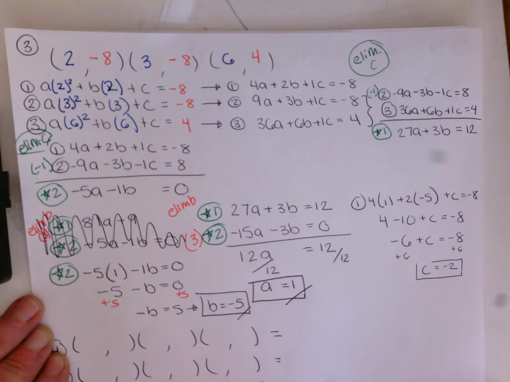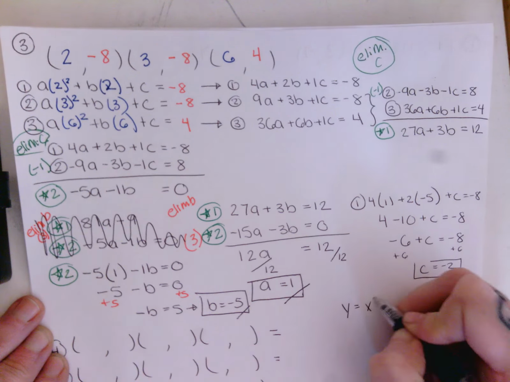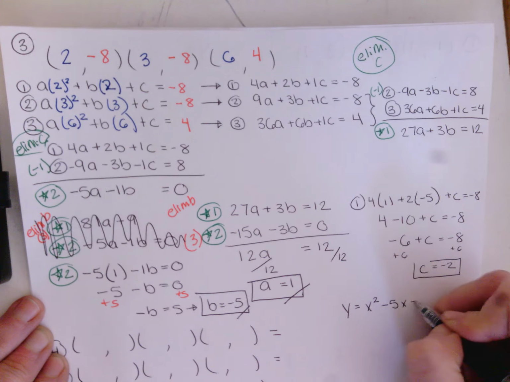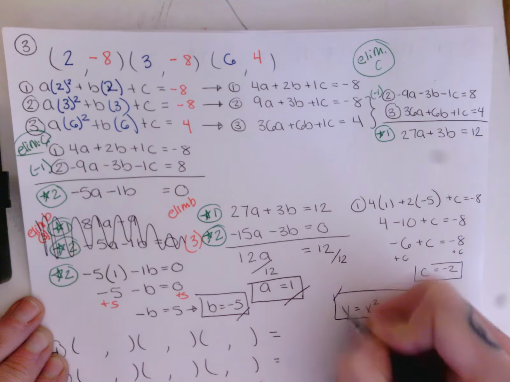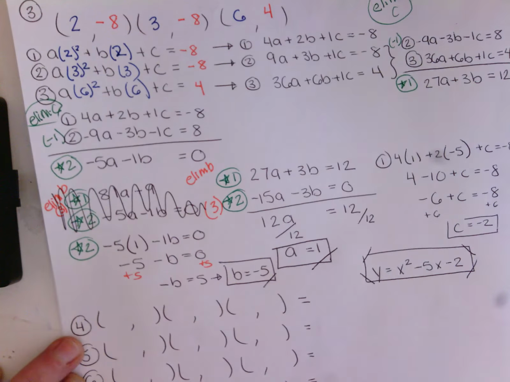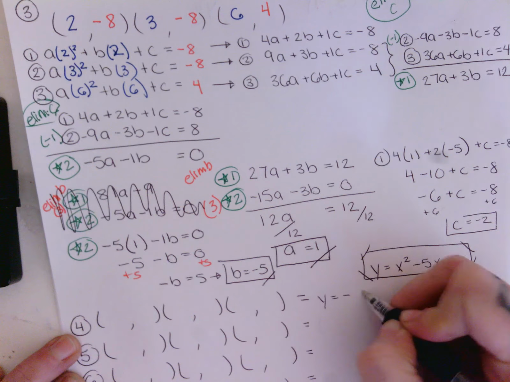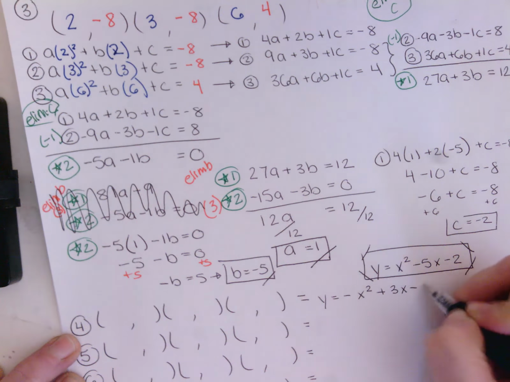So our final answer, I hope you guys are just having as much fun as I am. Ax squared plus bx plus c, final answer. Okay, so for equation 4, we've got y equals negative x squared plus 3x minus 8.